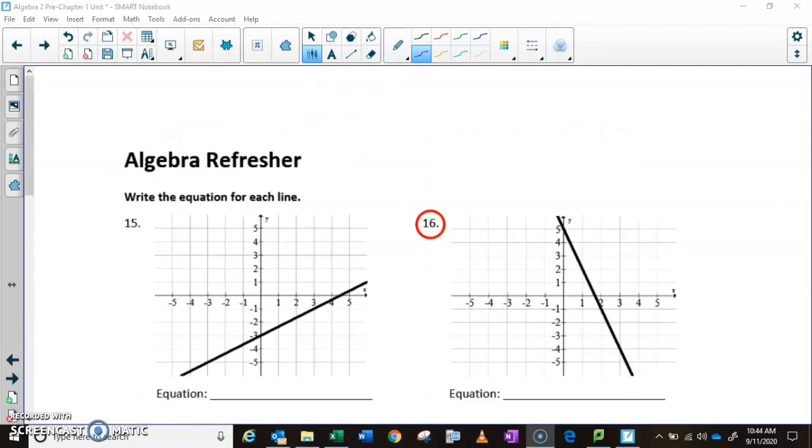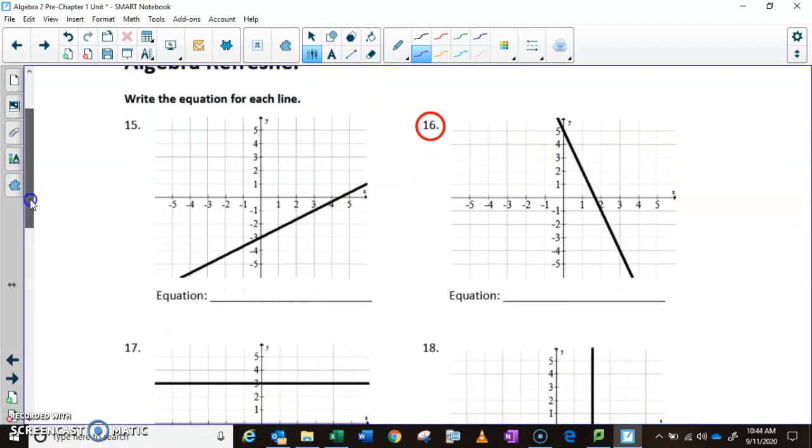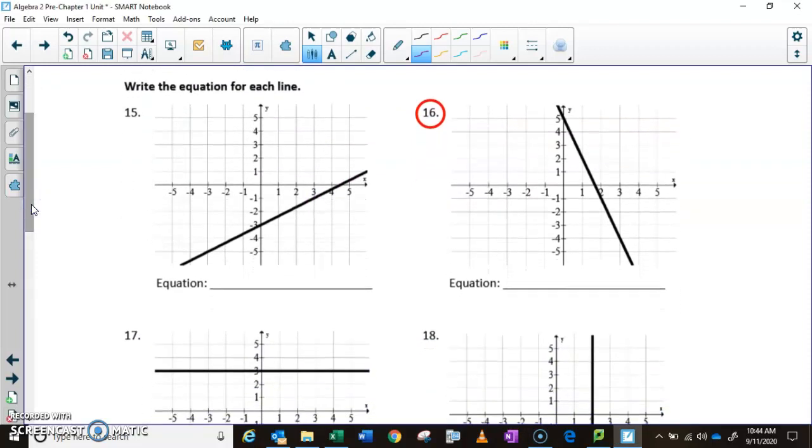Over to problem number 16. Write the equation for the line. We need to know the slope and the y-intercept. So let's first identify the y-intercept. Here my b is up here at +5. Identify a second point on my graph that the line goes through. Maybe here.